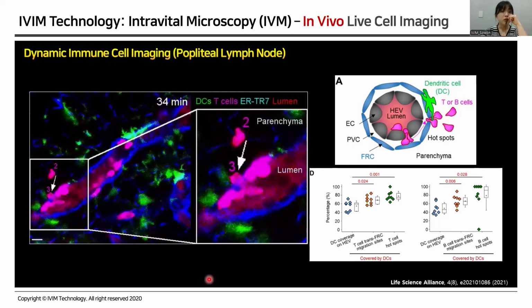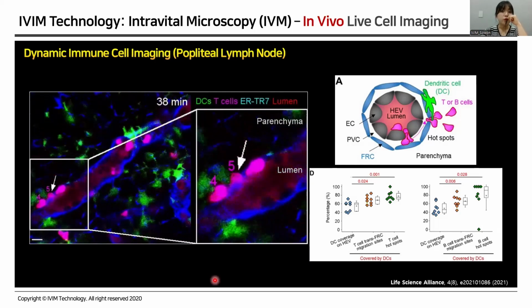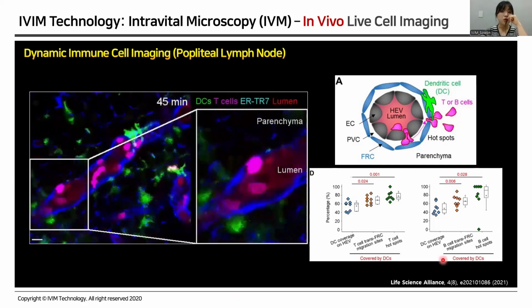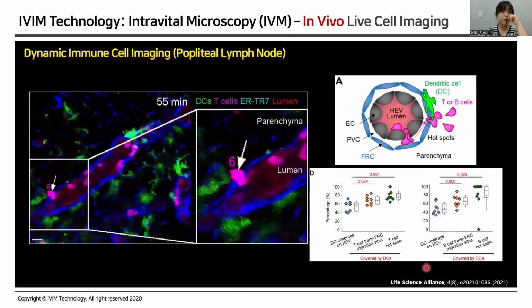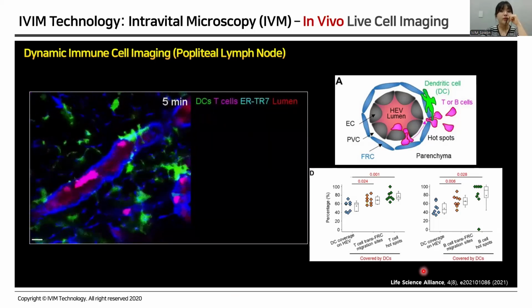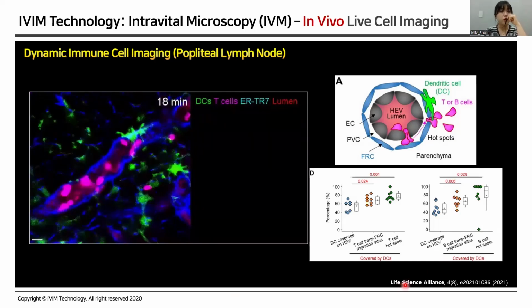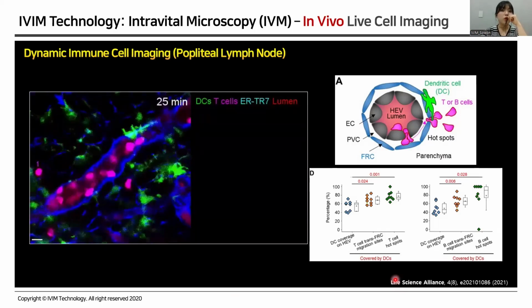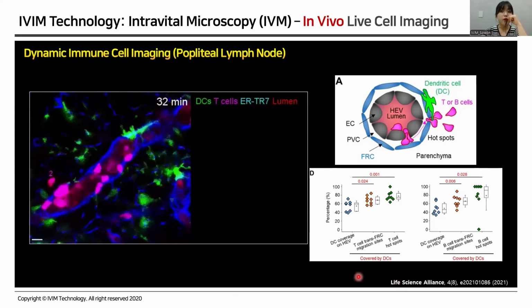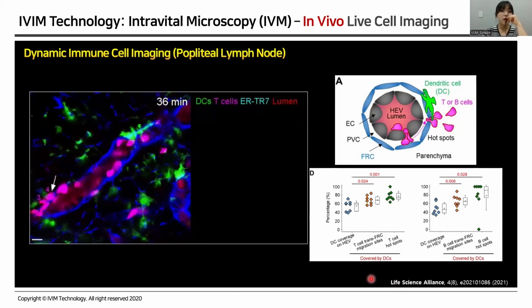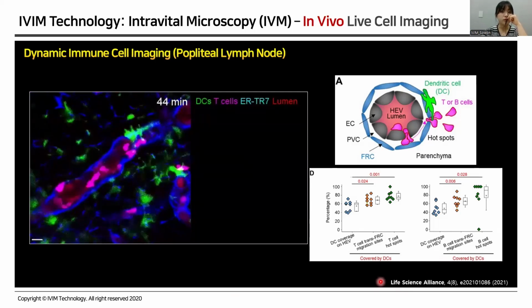To address this, we compared the proportion of hotspots that were covered by DCs, also referred to as trans-FRC migration sites, with the overall fraction of HEVs that were associated with DC coverage.